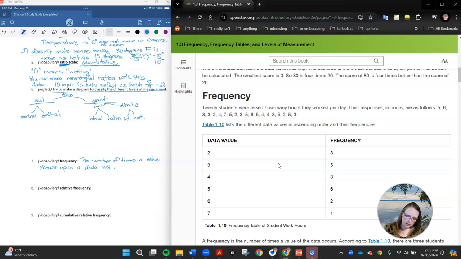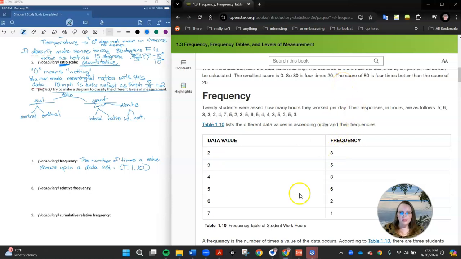And if you look at table 1.10 in the book here, there you give us a list of responses: 5, 6, 3, 2, 3, 3, 2, 4, 7, 5, 2, 3, 5, all of those responses.